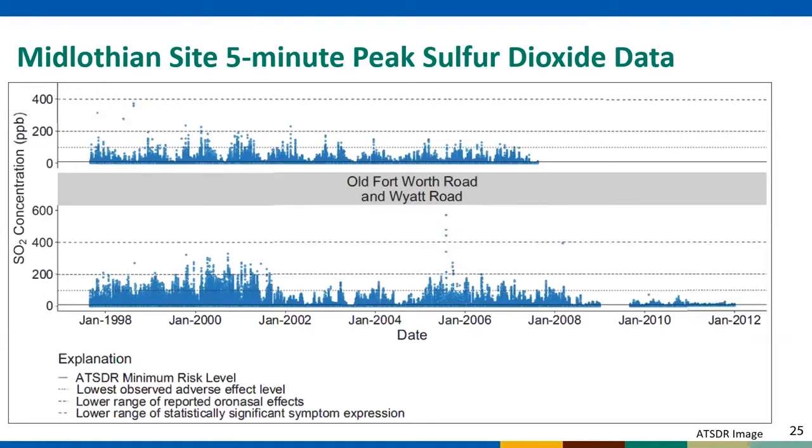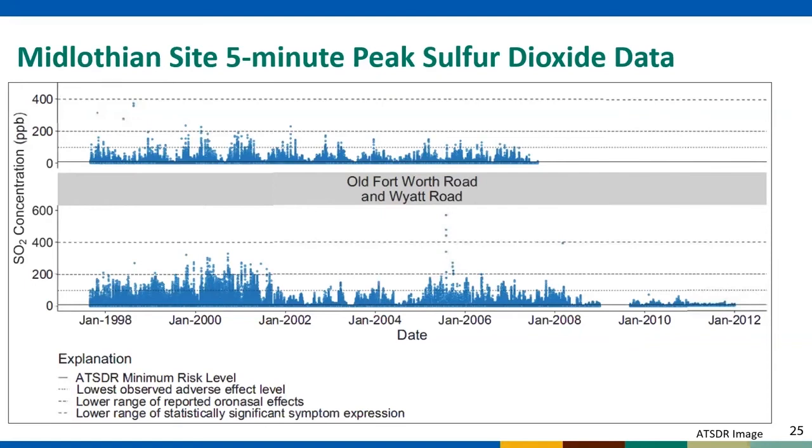In addition, hourly SO2 data can be compared to the 75 parts per billion National Ambient Air Quality Standard, or NAAQS. This NAAQS was developed by the U.S. Environmental Protection Agency, or EPA, to protect sensitive people from these short-term spikes of 5 to 10 minutes.